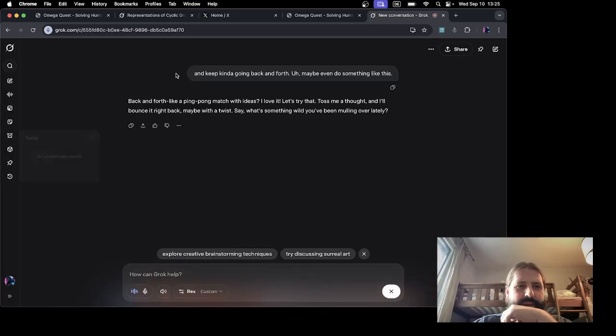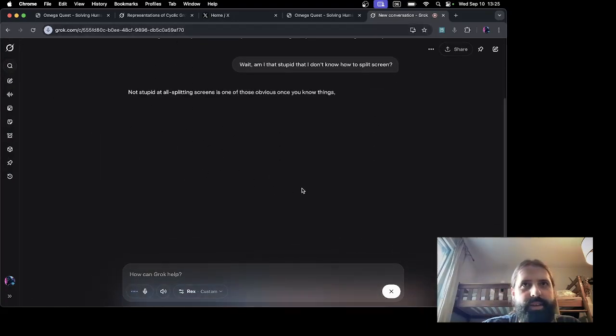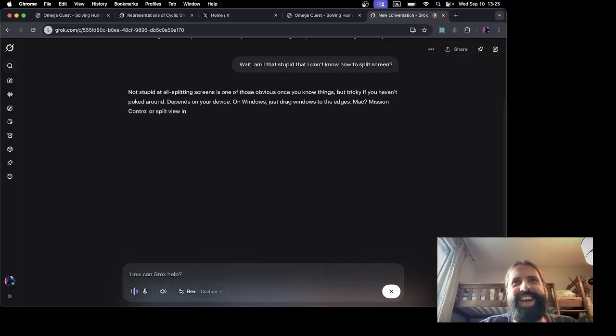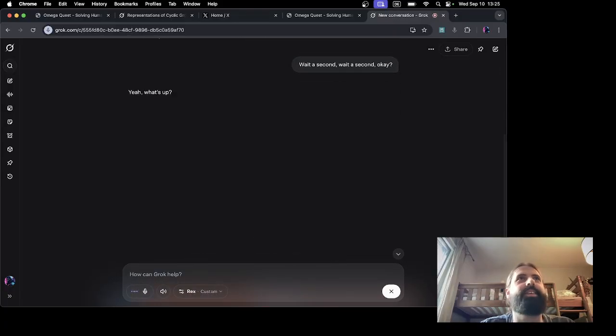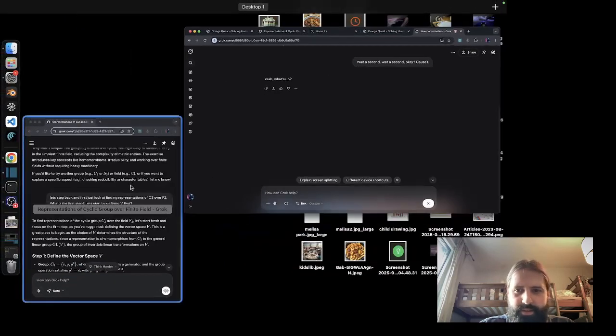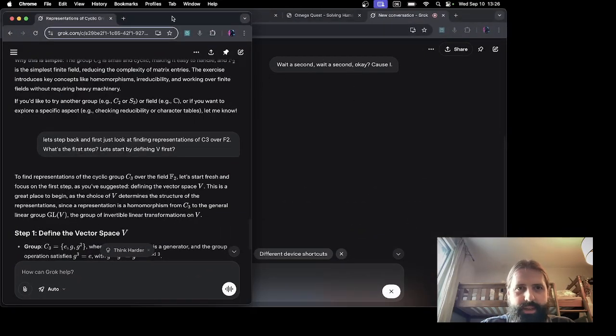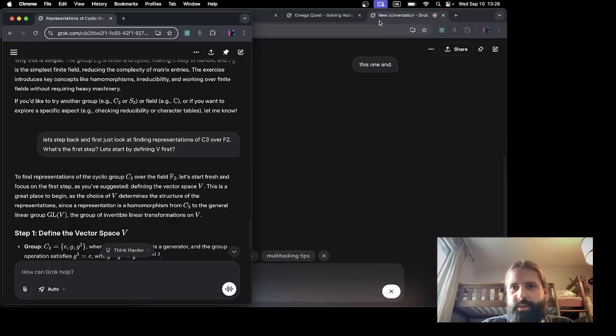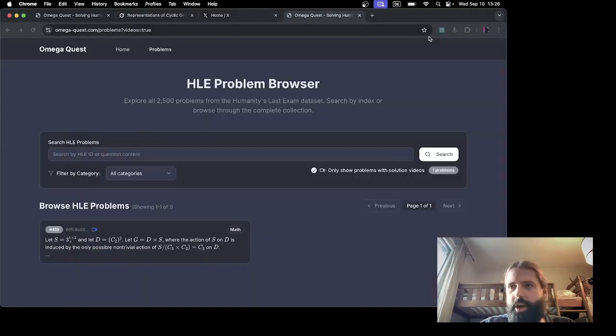Wait, am I that stupid that I don't know how to split screens? Not stupid at all. Splitting screens is one of those things that's obvious once you know, but tricky. Wait a second. Yeah, take your time. I'm here. This one and this one, and nothing.